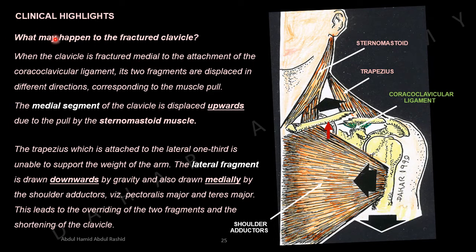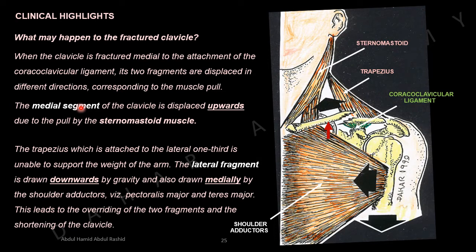When the clavicle is fractured medial to the attachments of the coracoclavicular ligaments, its 2 fragments are displaced in different directions corresponding to the muscle pull.